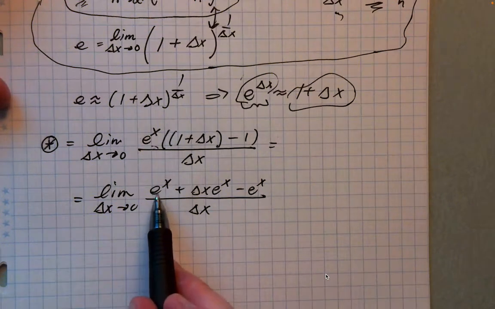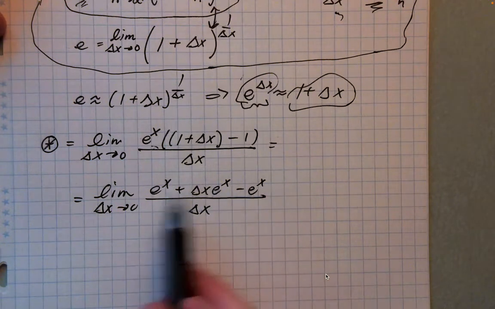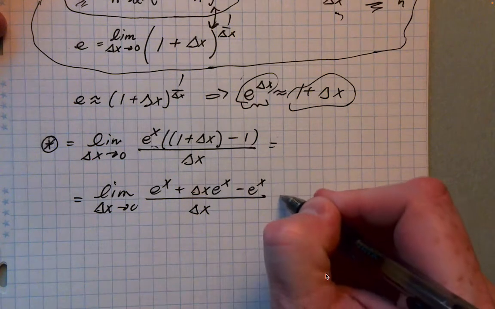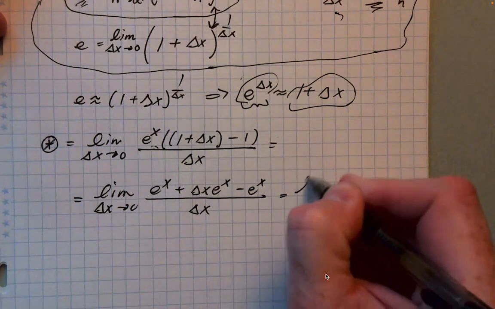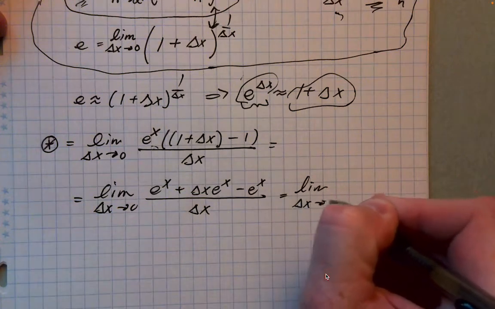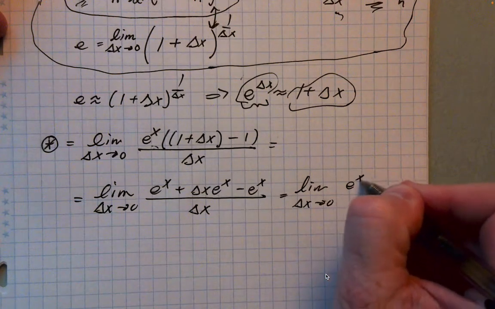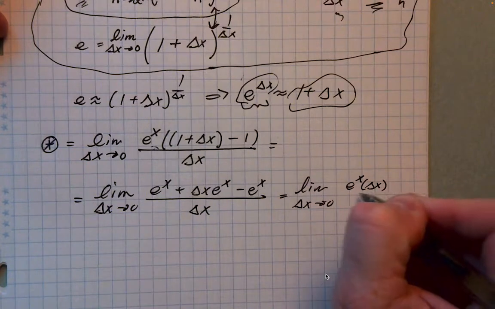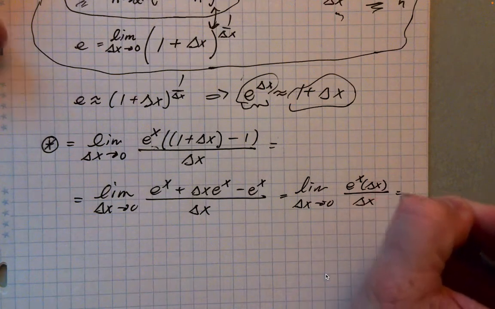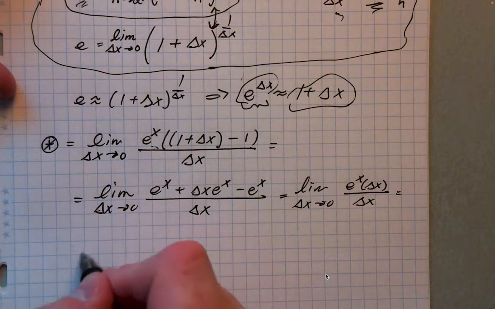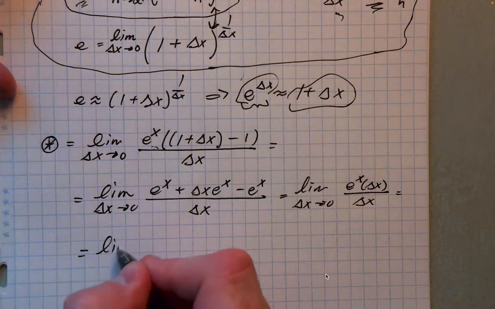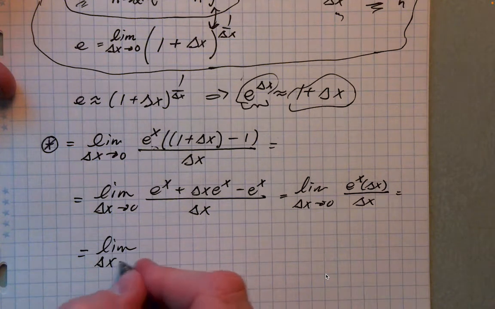And of course e to the x and minus e to the x, you just combine those, you get a 0. So this is all the limit as delta x goes to 0 of e to the x times delta x all over delta x. And of course we're going to cancel the delta x's, and we'll see that the result follows directly.